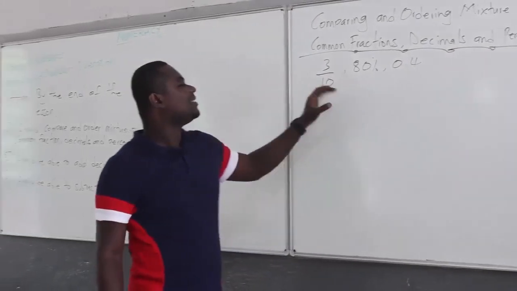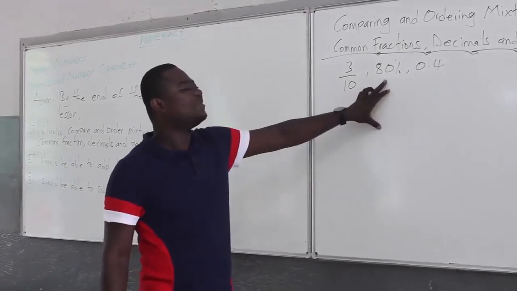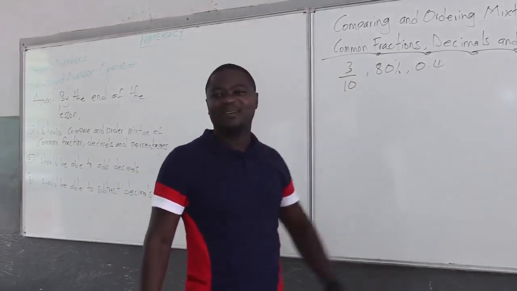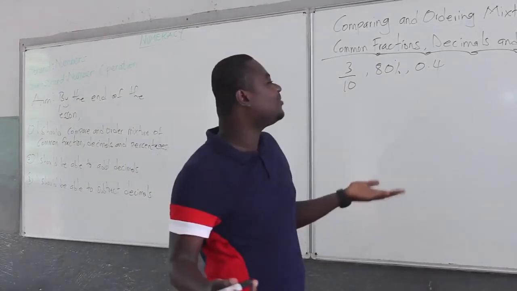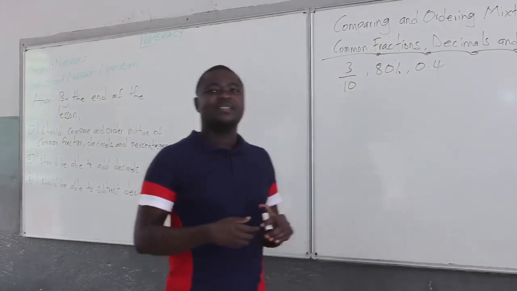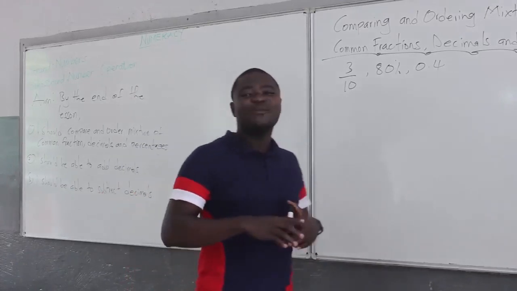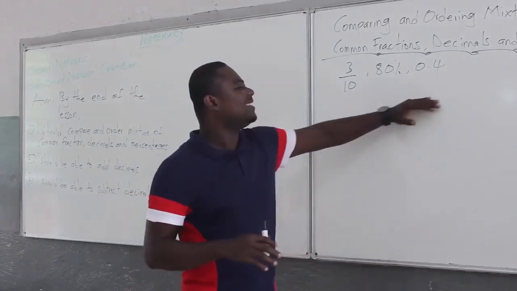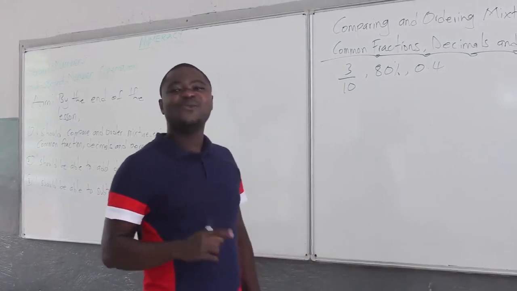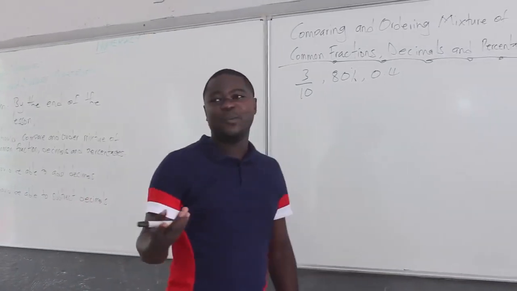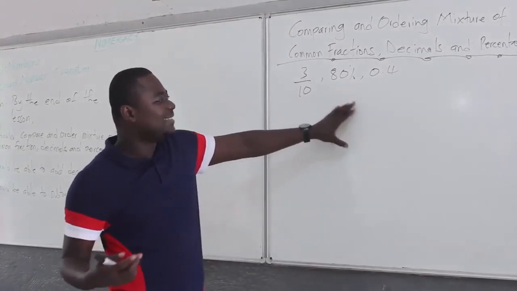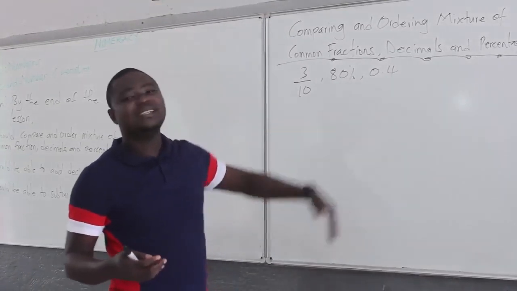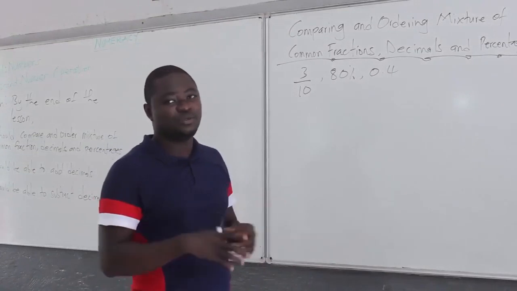So we have this fraction, this percentage, and a decimal. I want to compare them, know which one is greater and which one is less. We are going to make sure we change these numbers to a common form. A common form means we have all fractions, or all percentages, or all decimals. So you decide which one you want to change them into.